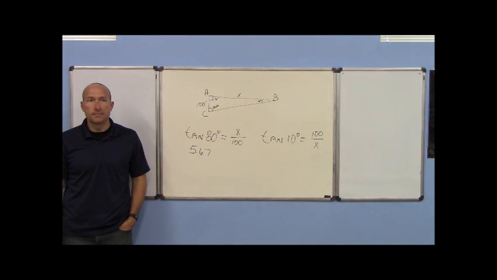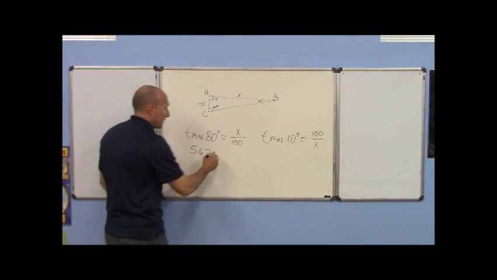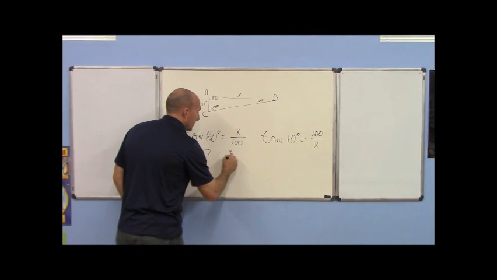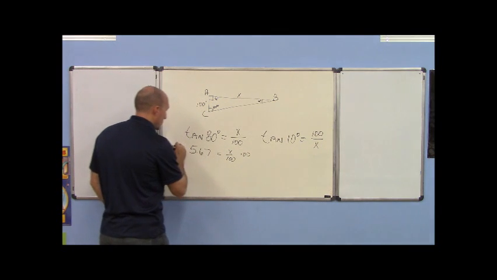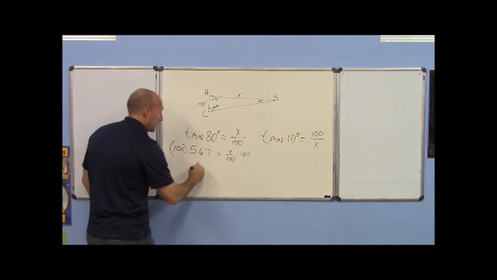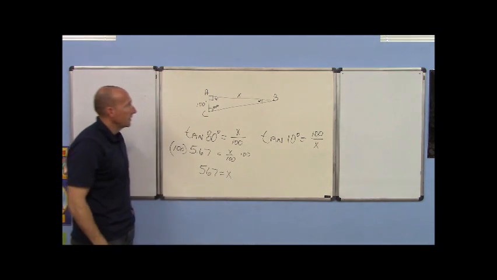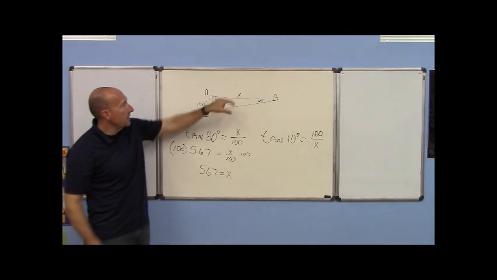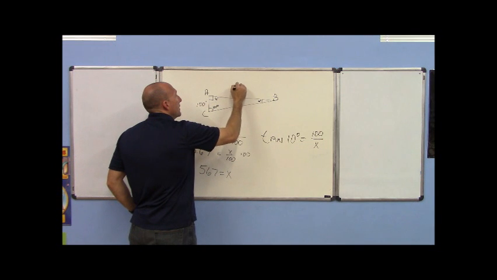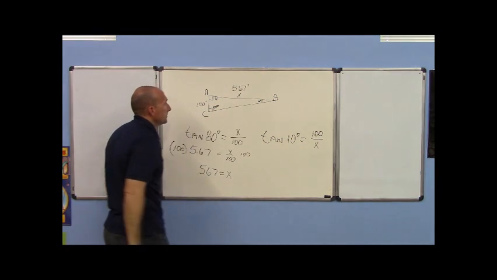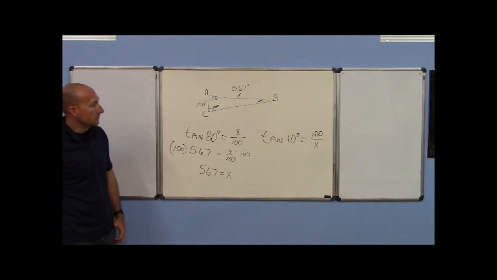How do we figure that out? Multiply by 100, both sides. So we multiply 5.67 by 100, and that gives us 567. So the length of this side is 567 feet. It says roughly.